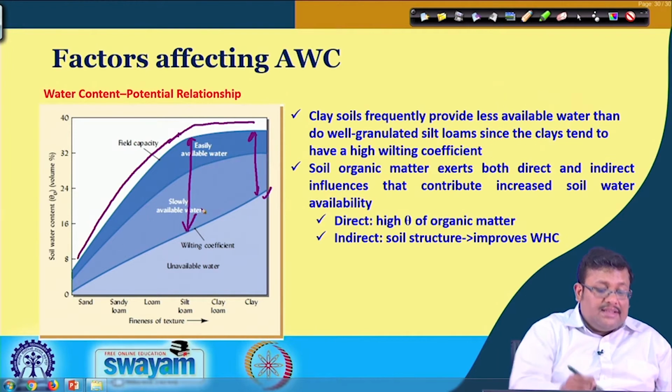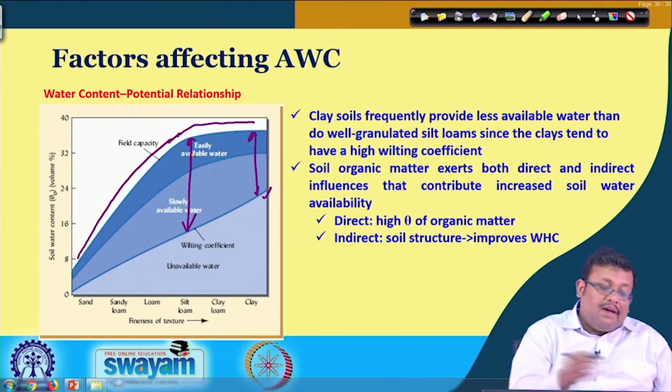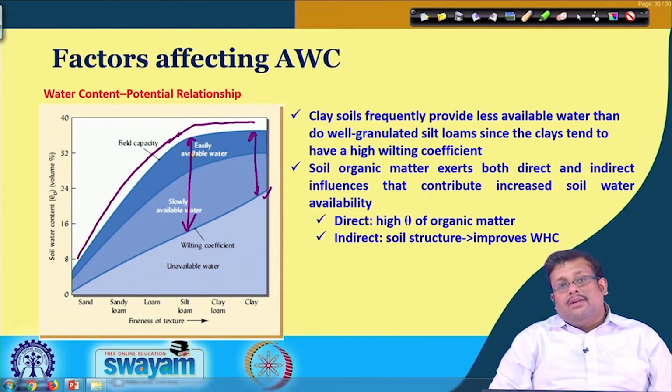So the silty loam soil will have more available water content than the clay soil. Also, a well granulated silty loam will have higher available water content than clay soils.